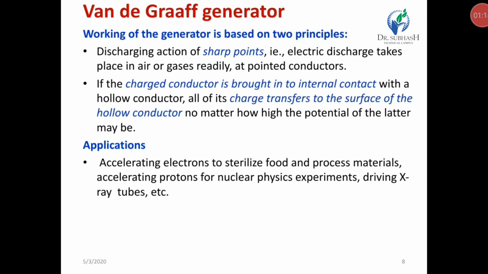Second, if a charged conductor is brought into internal contact with a hollow conductor, all of its charge transfers to the surface of the hollow conductor, no matter how high the potential of the latter may be. How the charge is spread in a hollow conductor we will see in the next slide.